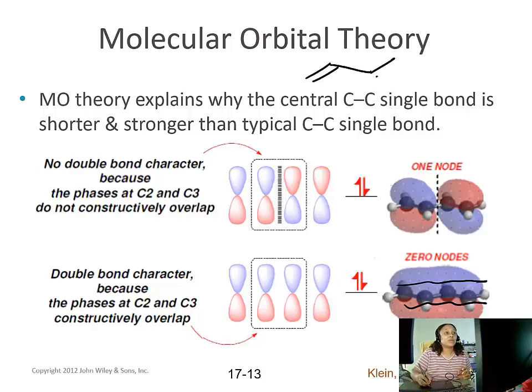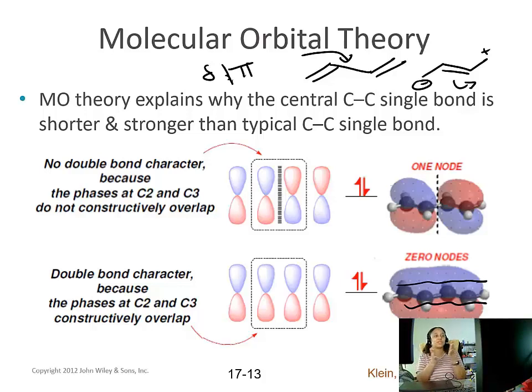And when you draw the resonance structures, one of your resonance structures, like you've seen before, puts a double bond here, right? And so from the molecular orbital standpoint, that single bond that we see here is not truly a sigma bond, and it's not really a pi bond. It's something in between. So our resonance shows us that.